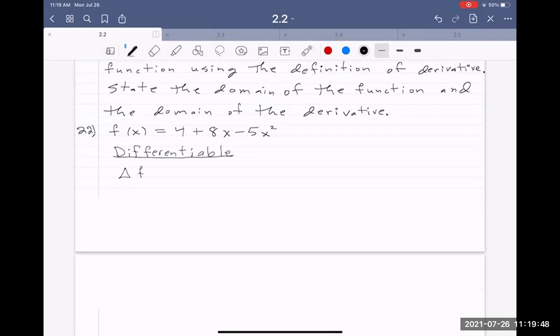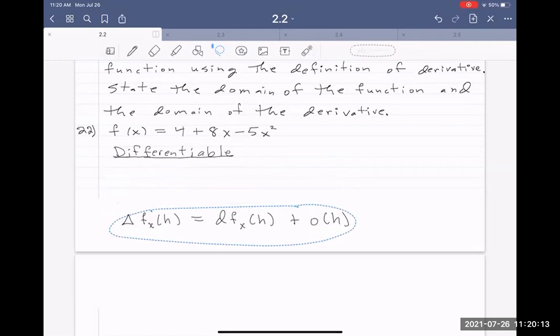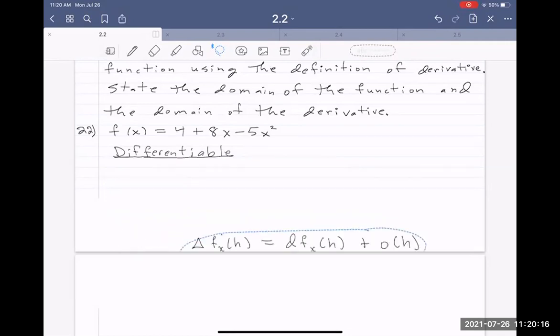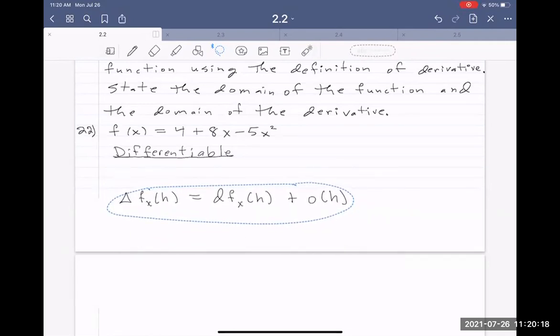So delta f sub x at h is equal to df sub x at h plus little o of h.